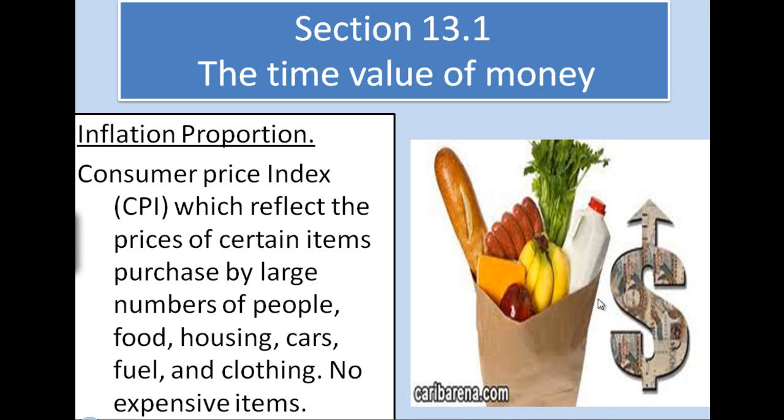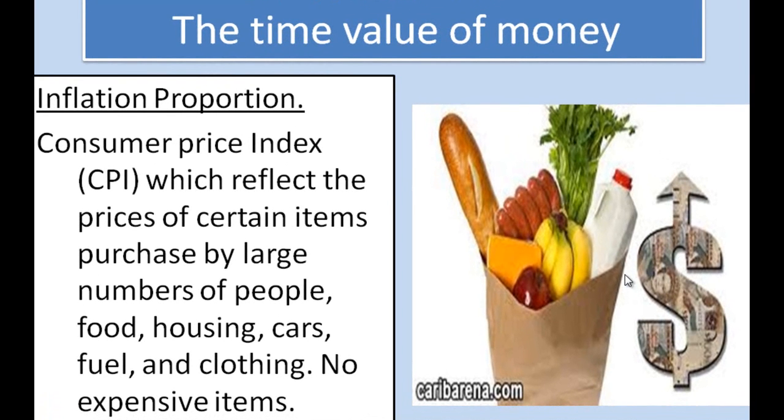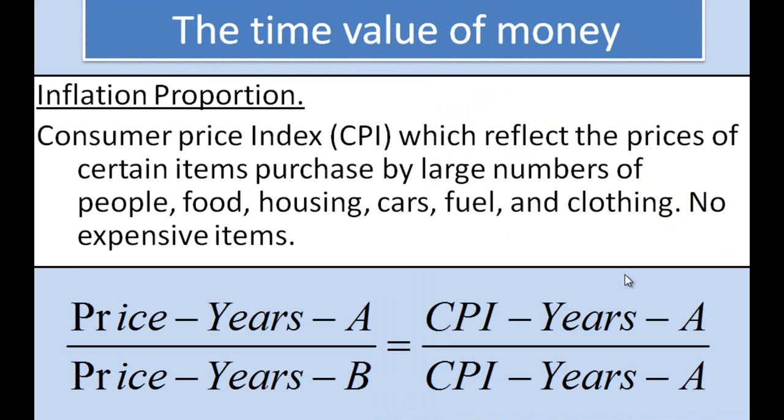This uses a proportion, and this is the formula: price in year A divided by price in year B is equal to CPI in year A divided by CPI in year B.